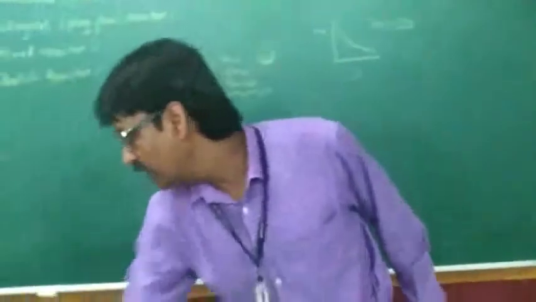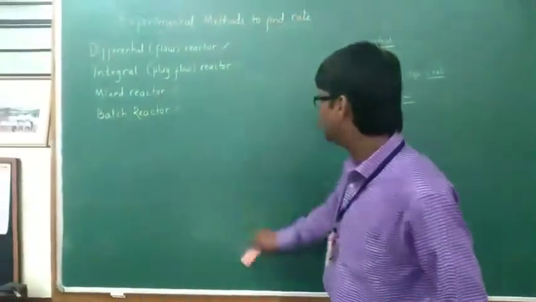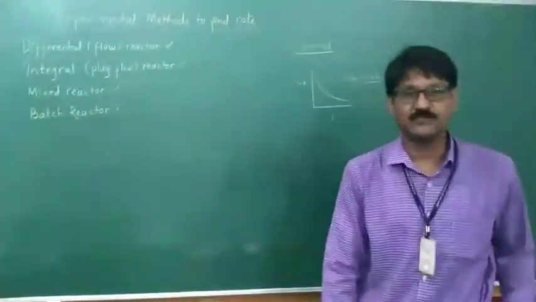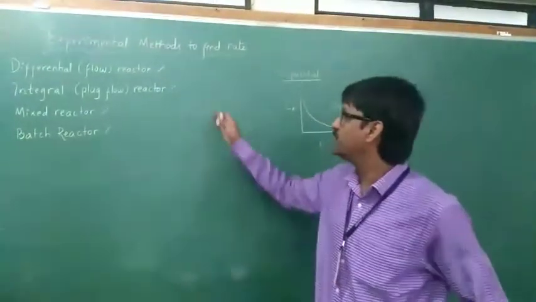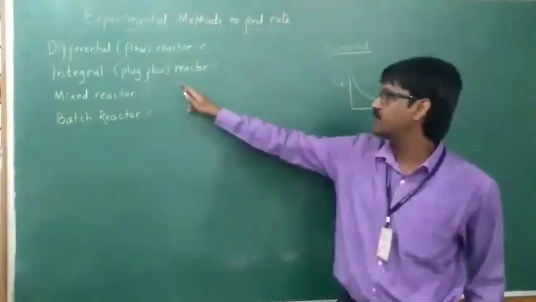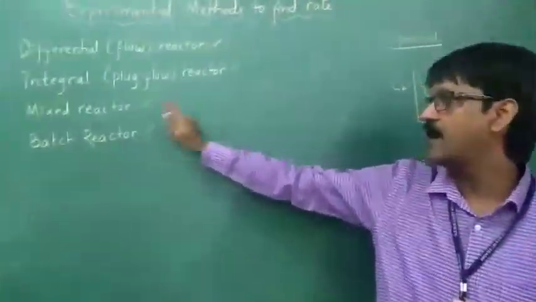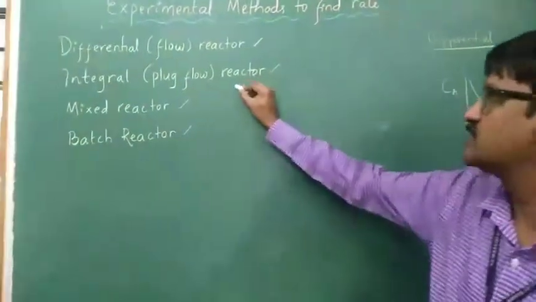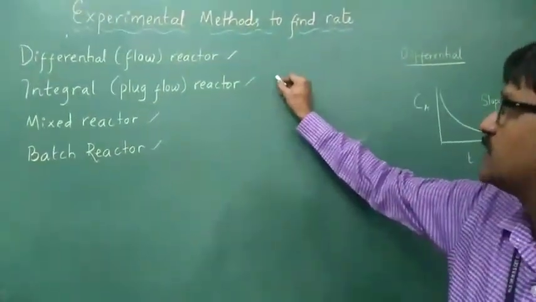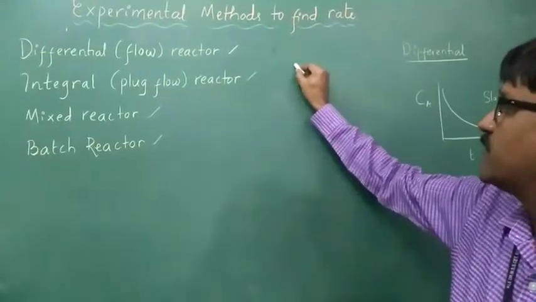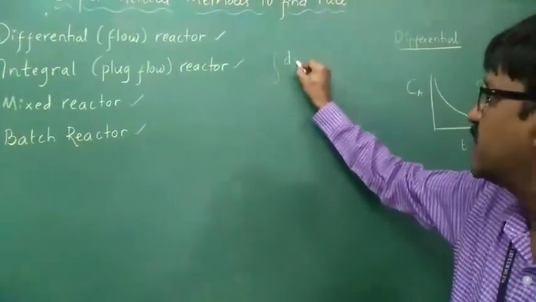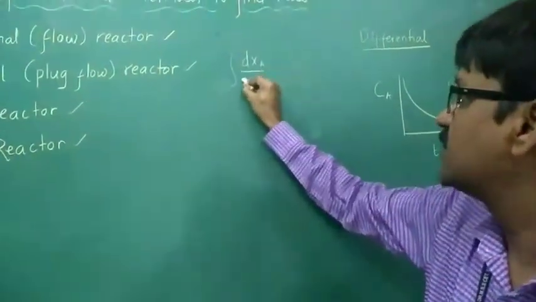After learning the design equations, once you learn how to design different reactors, here a plug flow reactor and a mixed flow reactor, see why it is called an integral reactor. The rate will be calculated as dXa by minus Ra.